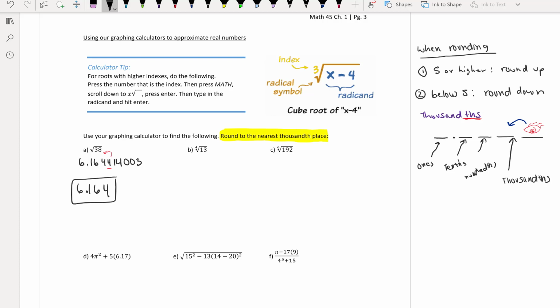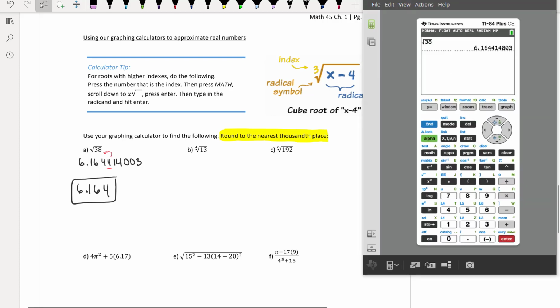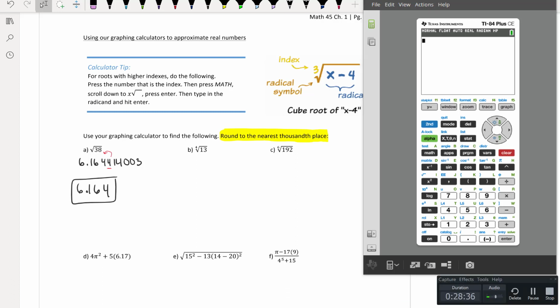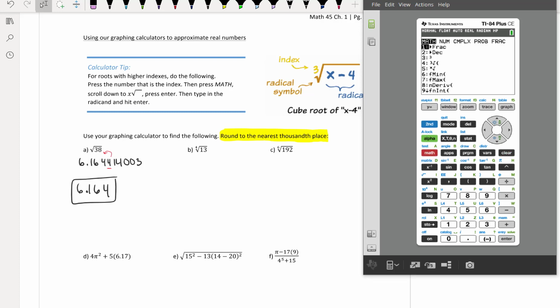Okay, so now I'm going to go to part B, and I'm going to plug that into my calculator. For this one, notice it's not just a regular square root. Now it's a 4th root. So in order to do a 4th root, I'm going to have to plug this into my calculator delicately. So here, I'm going to go to my math, and I'm going to scroll down to number 5.